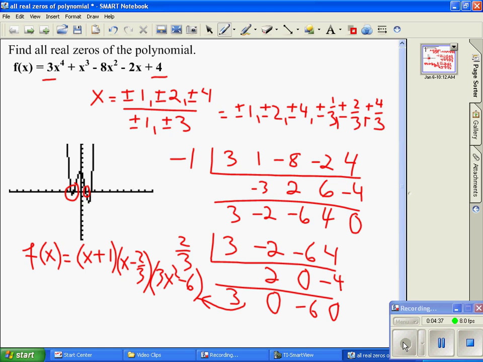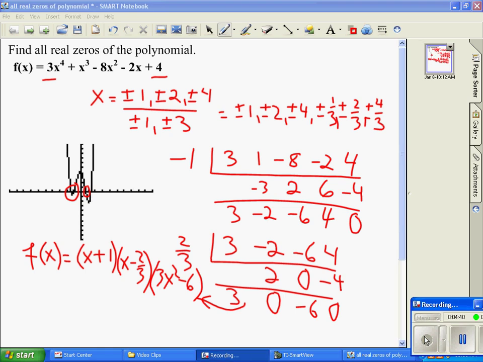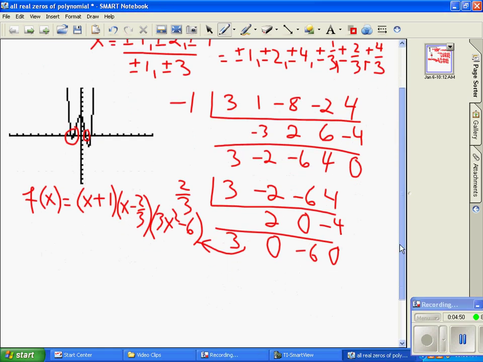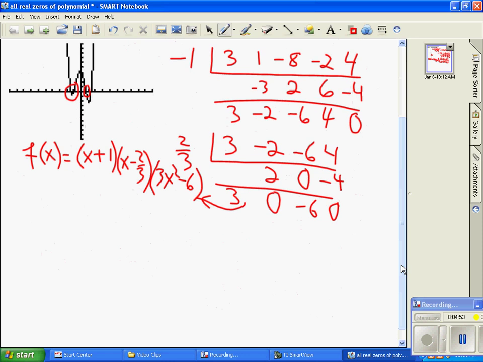Okay, so since it's missing that x term, it's actually nice because we can use square roots for this problem. Okay, so let's do that. I'm going to scroll this page up a little bit here so we have more space. The first thing we can do is factor out a 3 out of that term.